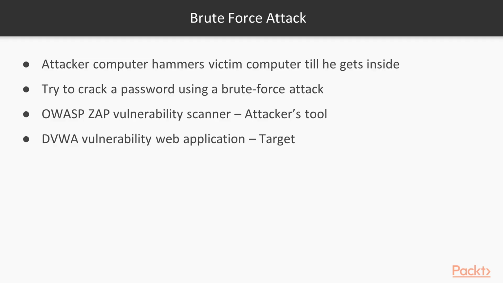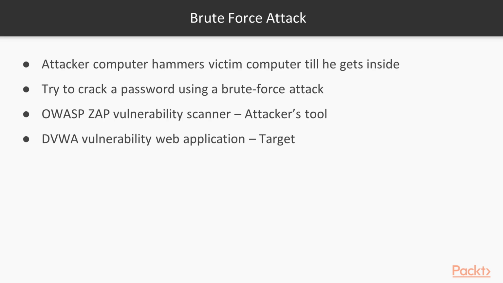That's a very sharp definition. But to say it simply, a brute force attack is when the attacker's computer constantly hammers the victim computer until it gets inside. In this video, we try to crack a password by a brute forcing attack.